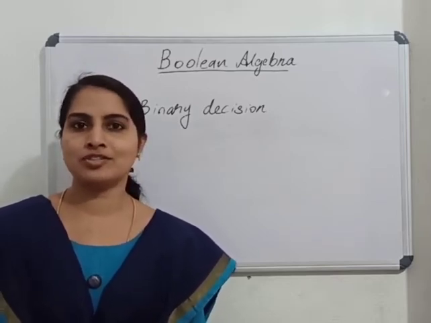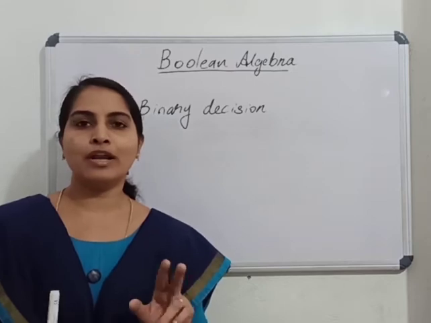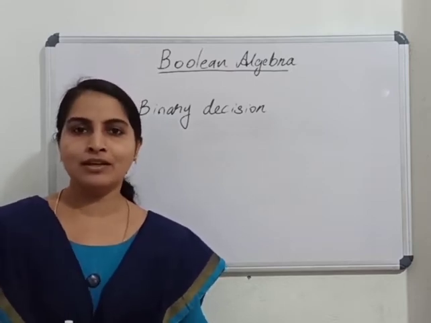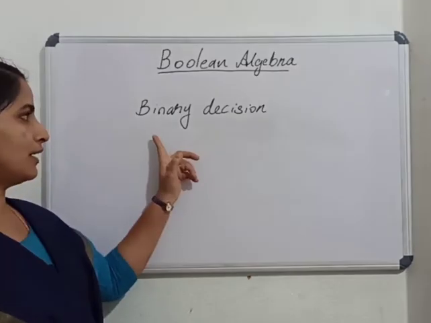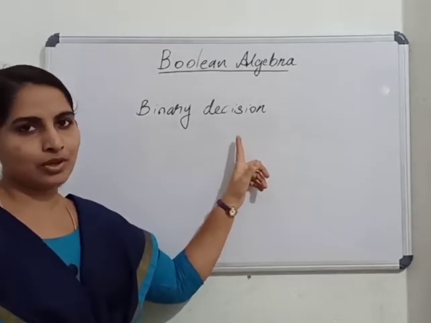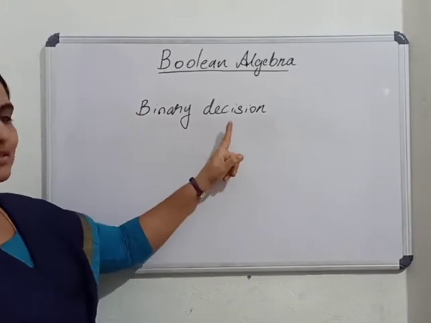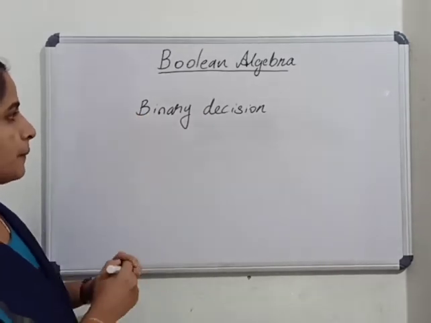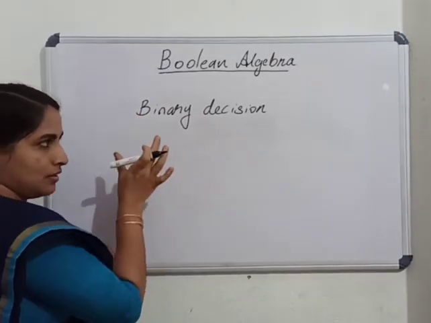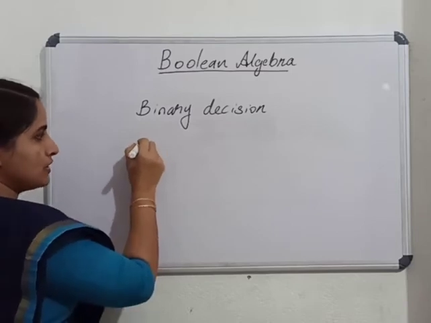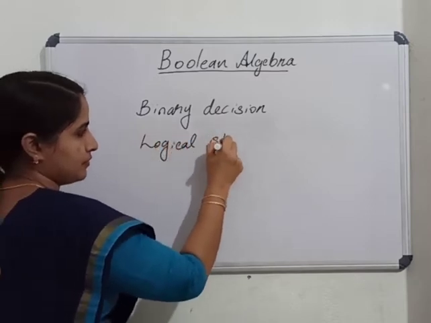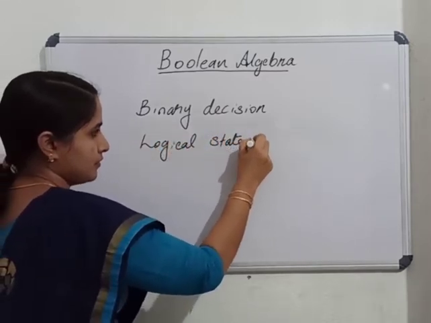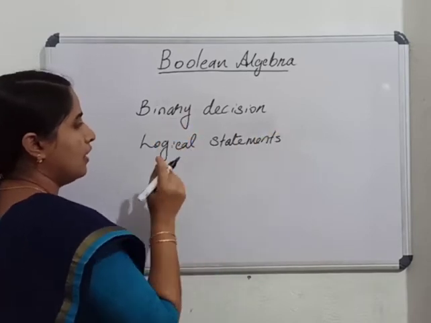Why is it a binary decision? It may have only two possibilities, either yes or no. So this type of decision is called a binary decision, or we can call it a logic decision too. This logic decision statement is called a logical statement or binary statement.